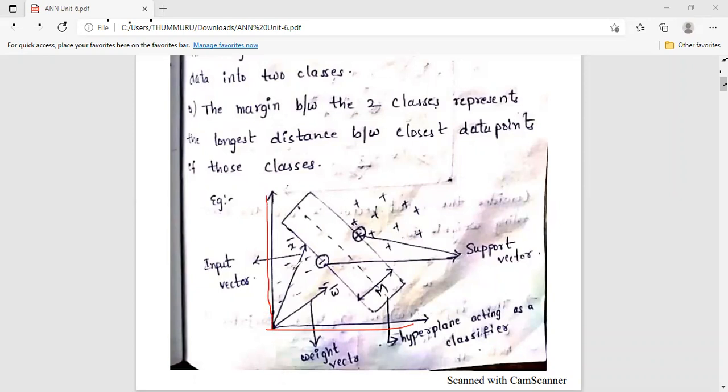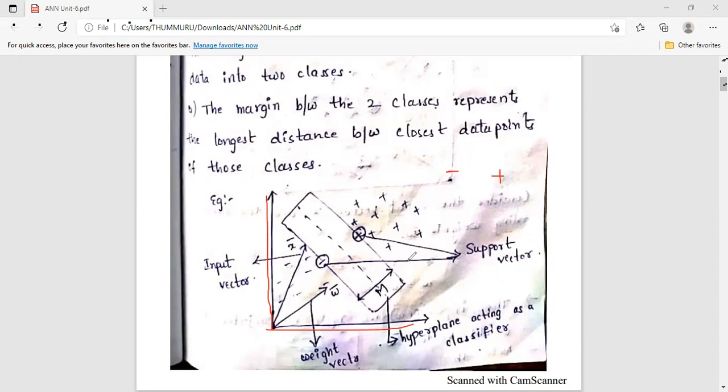Assume class one is minus symbols and the second class is plus symbols. These are the two patterns which I have supplied to this support vector machine. The first pattern is minus and the second pattern is plus. You may call this class one and class two. I have supplied two classes of data and represented them in this 2D space, right?